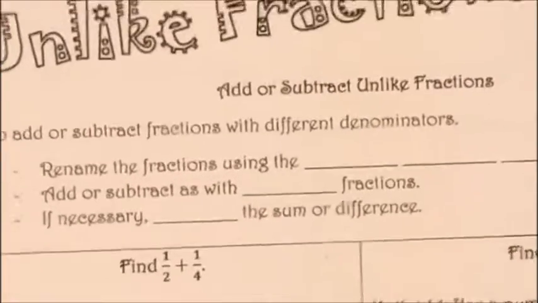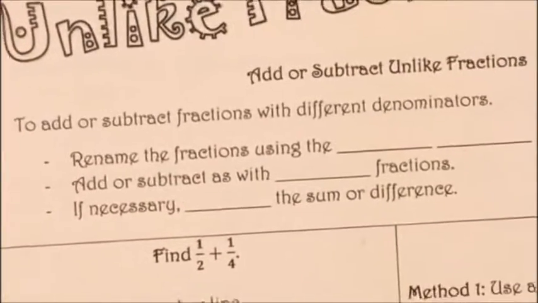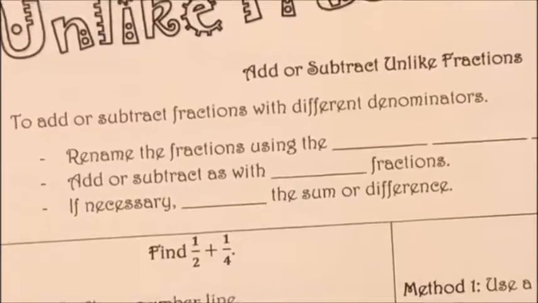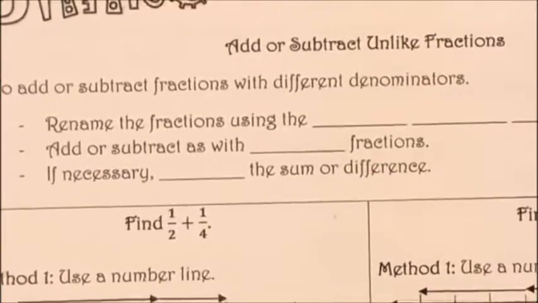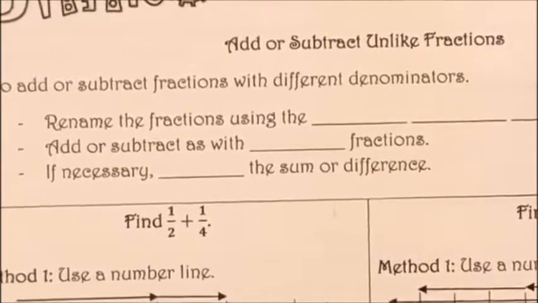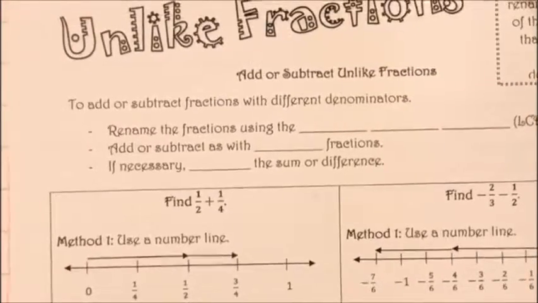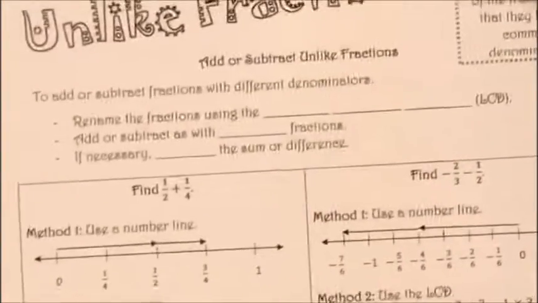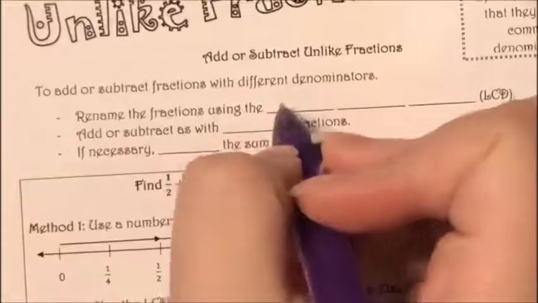So, add or subtract unlike fractions. To add or subtract fractions with different denominators, I first rename the fractions using the least common denominator. You're going to write least common denominator in those three blanks.